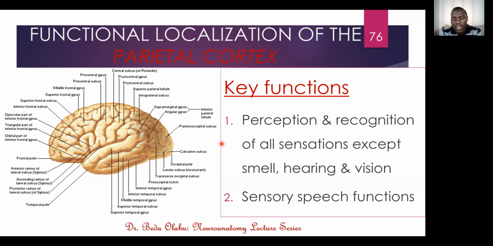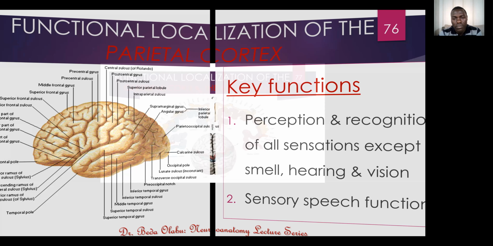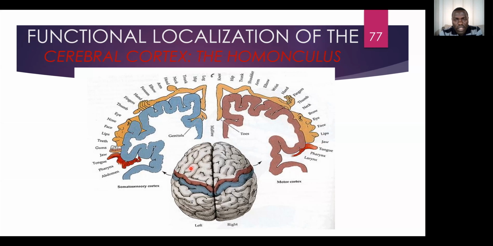Now I want to say something that cuts across the parietal cortex as well as the frontal cortex with emphasis on the pre and the post central gyrus. If you look at this brain, we're looking at the brain from the top. So the gyrus in front of the central sulcus is the Pre-Central Gyrus for the right and the left side of the brain. The one, we can call it blue, I think, is the Post-Central Gyrus for the left and the right hemisphere.